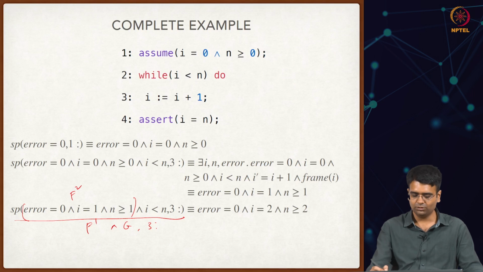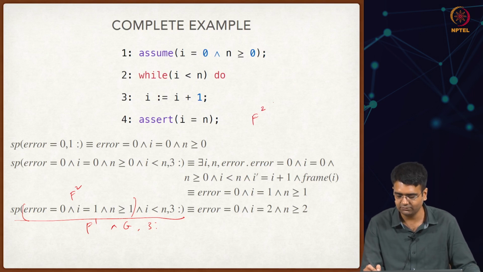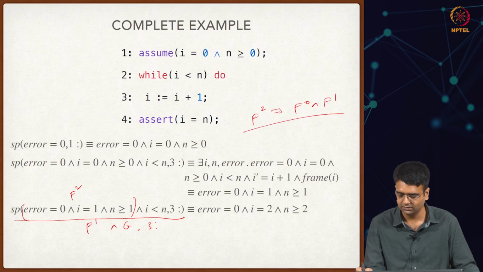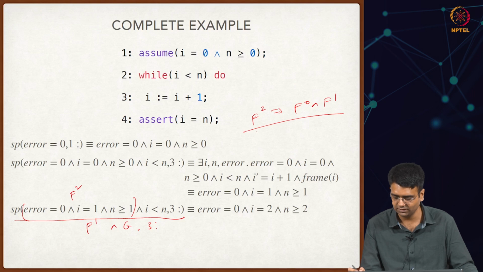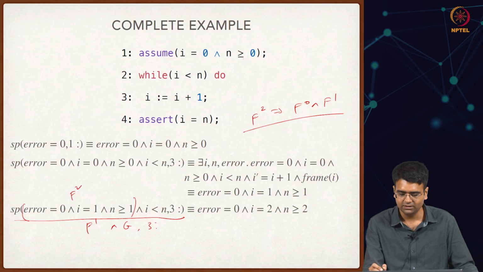And again, once you calculate F2, you should ask whether F2 implies F0 or F1, right. And in fact F2 doesn't imply F0 or F1, because in F0 you had I equal to 0. Remember, this is the input state from which you are starting the while loop.